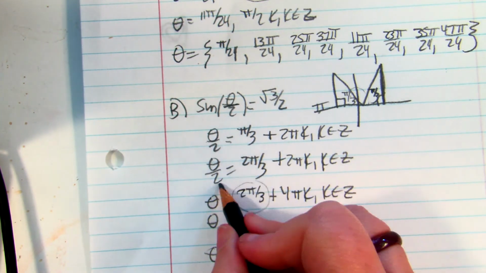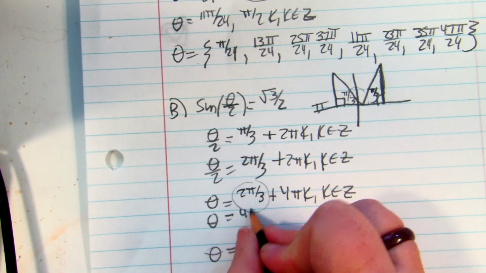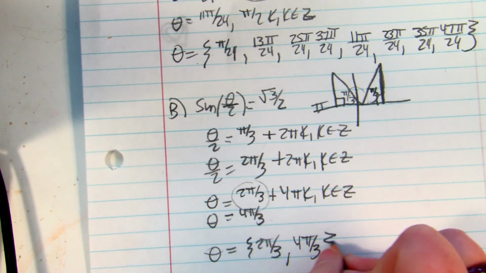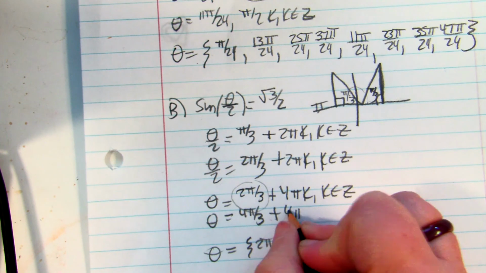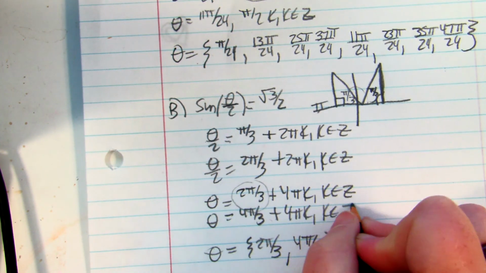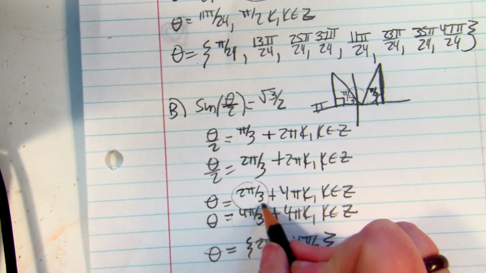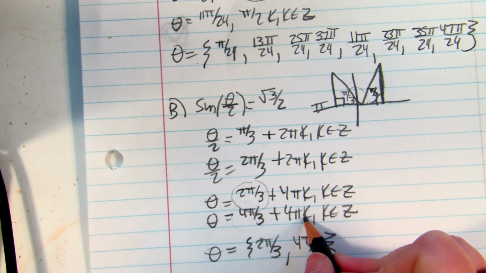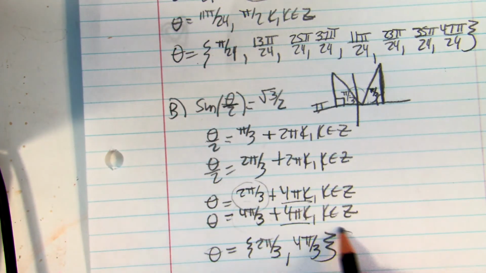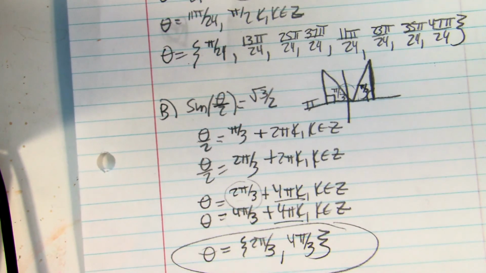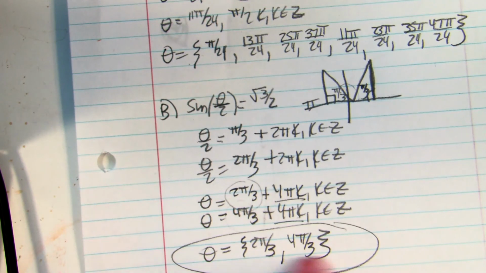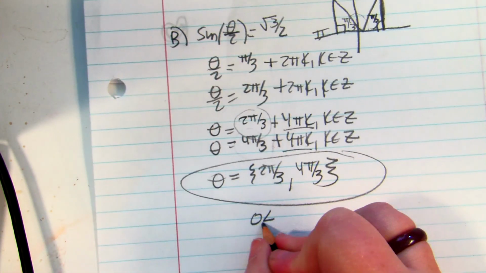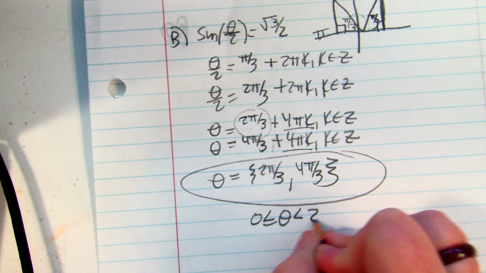And then multiply the other by 2, 4 pi over 3. 4 pi over 3 plus 4 pi k, where k is an element of the integers. This is within the bounds between 0 and 2 pi, but anything adding 4 pi is too much, so that's the answer. So these are the general forms, and this is the interval form between 0 and 2 pi.